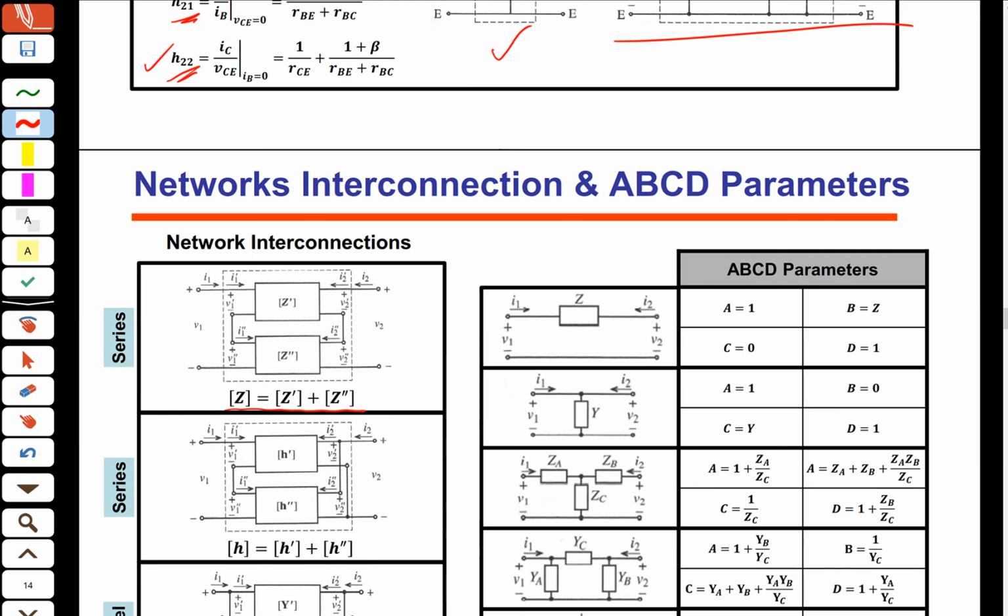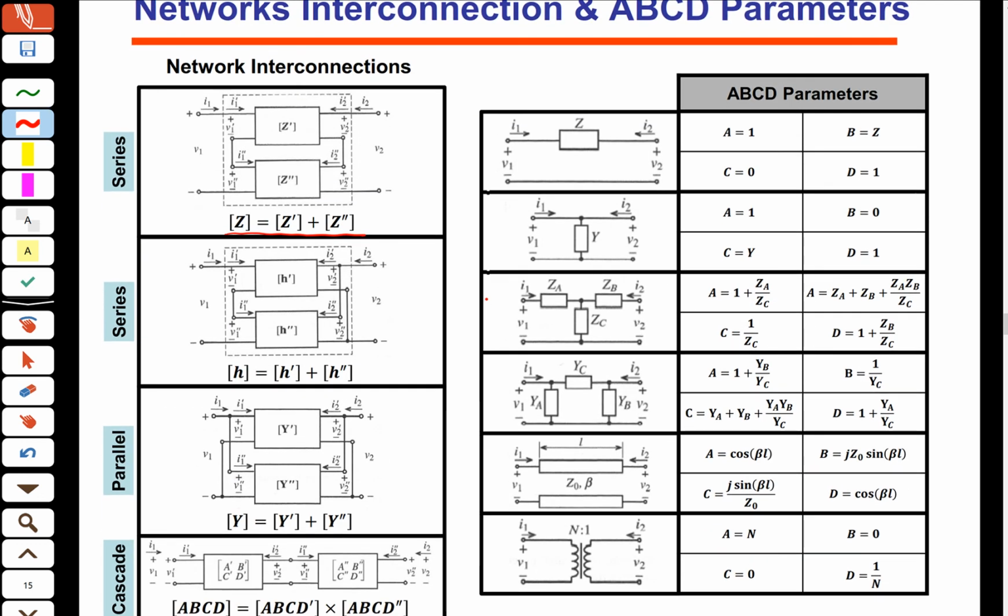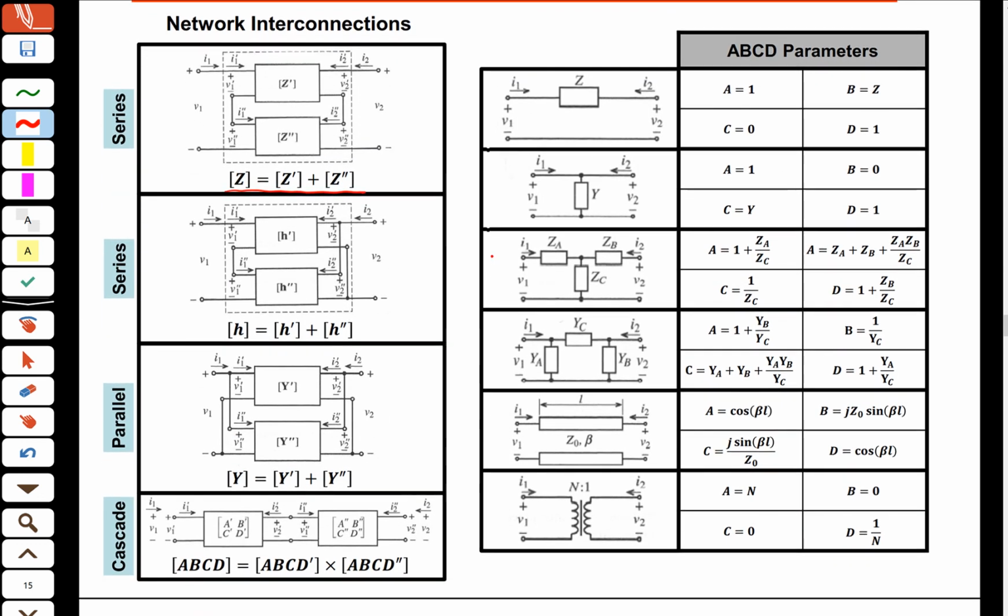Again, if we put the networks in series at the inputs and in parallel at the outputs, then H parameters: H of total is H1 plus H2, H prime plus H double prime.